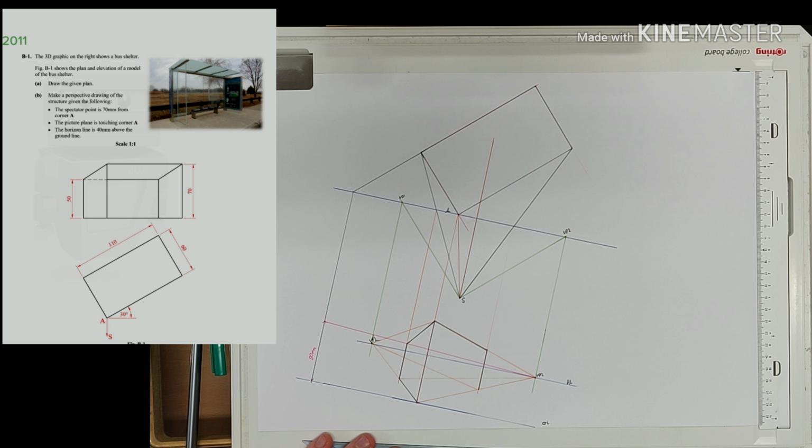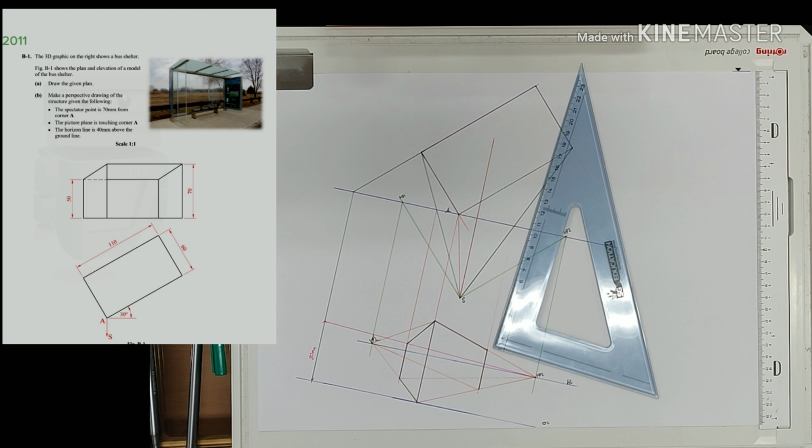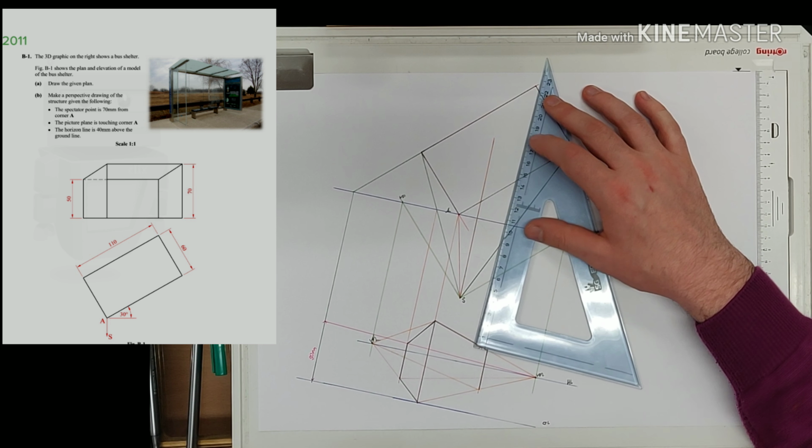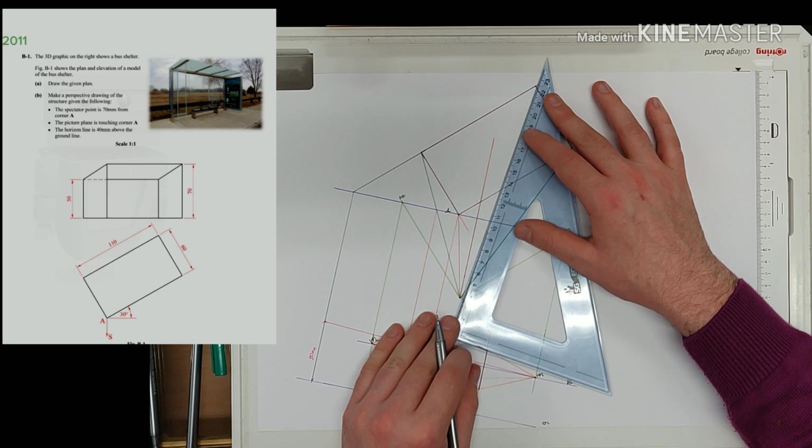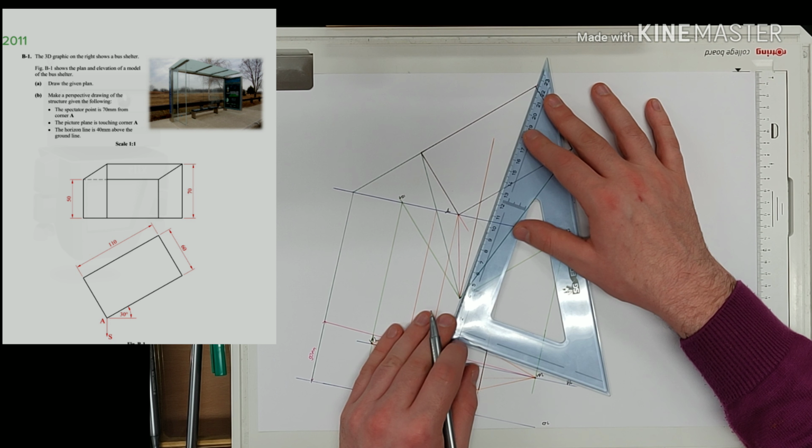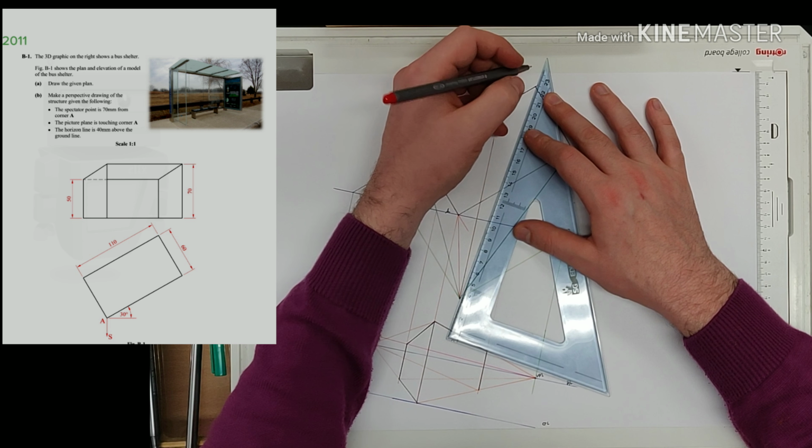We're still missing one point, which comes here. I need to find this back wall. So all we can do to find the back wall is drag this point here from the back wall of the plan down to the spectator.